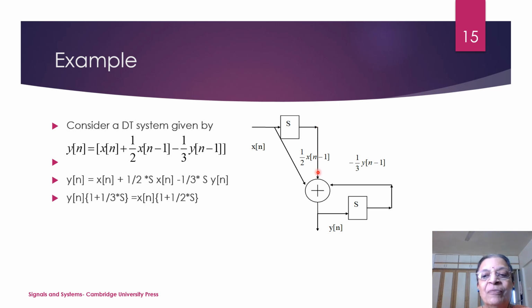You multiply it by 1/2, so you get half of x[n-1]. Then y[n] is also delayed by one sample to get the previous y sample, multiplied by -1/3, so -1/3 y[n-1], and added to the previous x[n] and half of x[n-1] to generate y[n]. In this case the system includes the current sample, the previous sample and also the previous output sample. So the system is causal and it is also stable if the input is bounded.